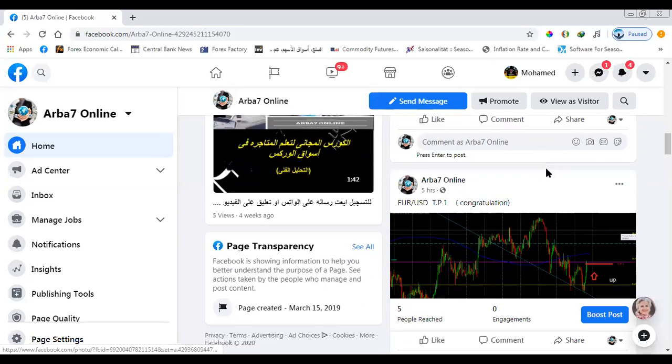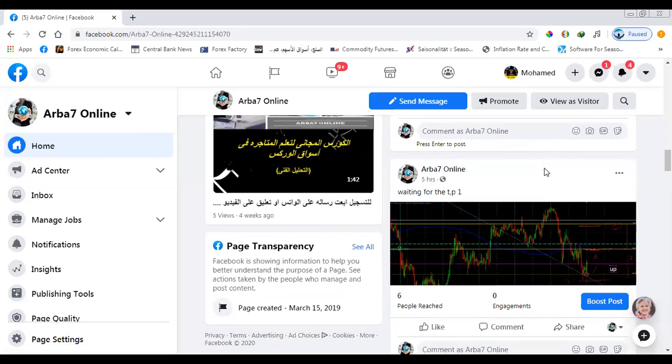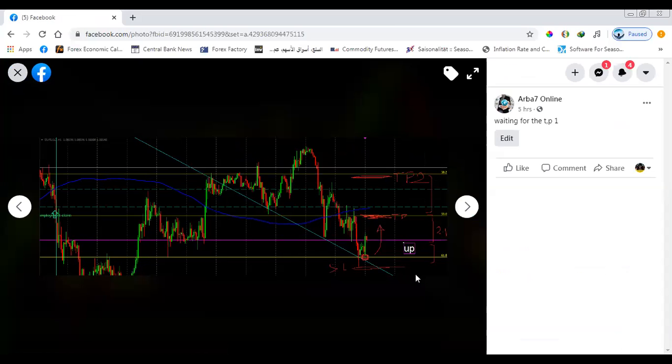Okay. By the way, it was very nice yesterday. Do you see this? This is the euro dollar. Okay. I was right, waiting for take profit number one. So if you look here, I don't know, did everybody see this?